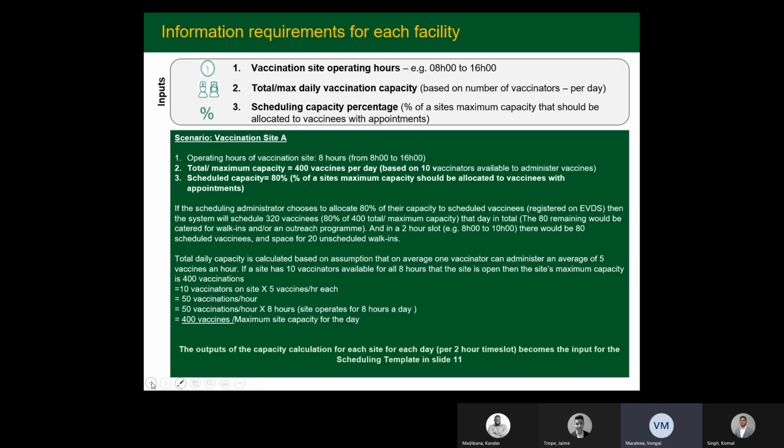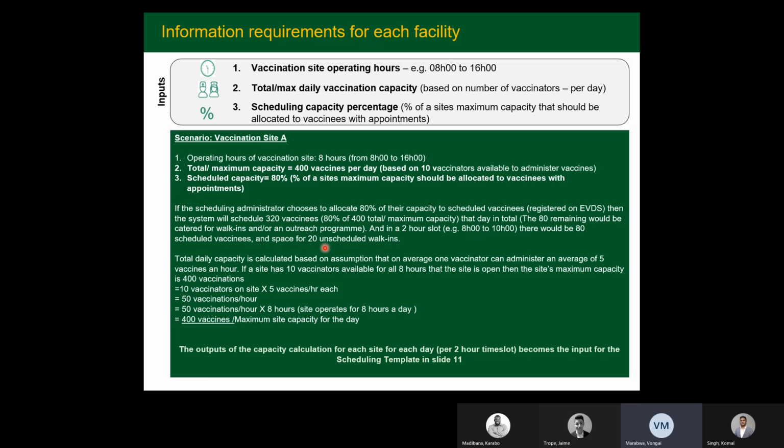So I think you'd mentioned, if you wouldn't mind going back to where you talked about the scheduling percentage, that the 20% that was left over in your example for unscheduled walk-ins could cater for outreach or it could cater for walk-ins.